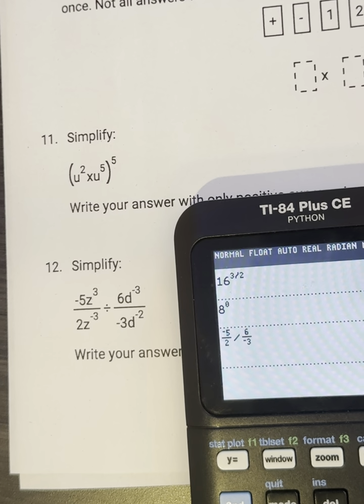Actually, we ended up with 15 over 4. So we got negative 2, which should have been on the bottom. And 5 over 2. So all my reducing, I ended up messing up the numbers.